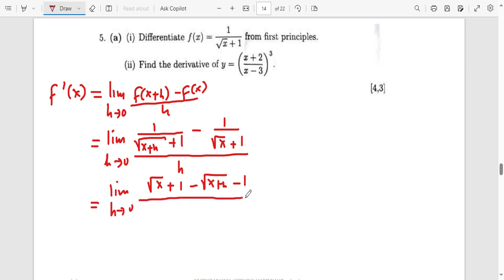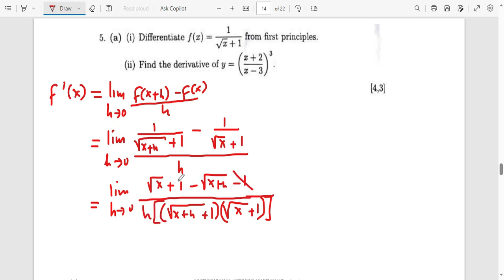And then divide. Multiply the two denominators. So that is the square root of x plus h plus 1. You are also multiplying it by square root of x plus 1. Please put this in brackets. Remember in the denominator we already also had h. So I'll again put h there.